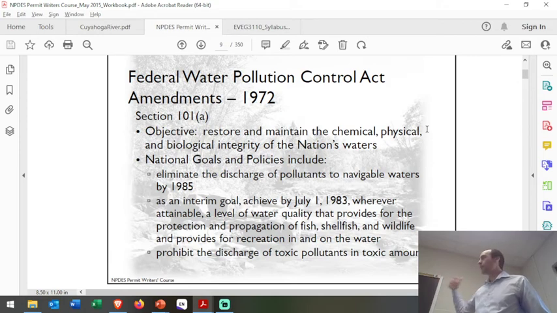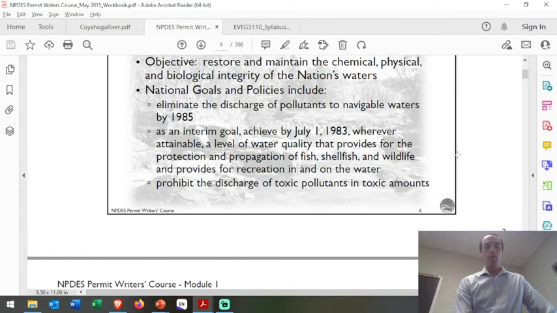If you discharge absolutely pristine, pure water, and your temperature is different, that temperature is a pollutant potentially. If you then make it not as saline, you just polluted the water, right? That's not really a tenable goal there. So this interim goal has essentially become what we now use as our standard or our priority goals.